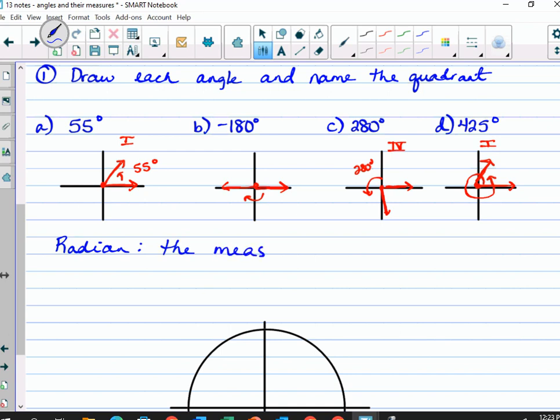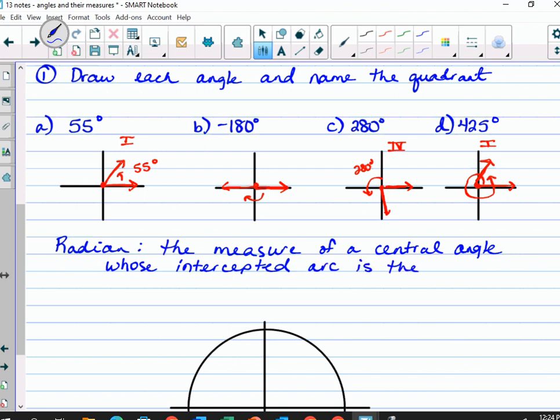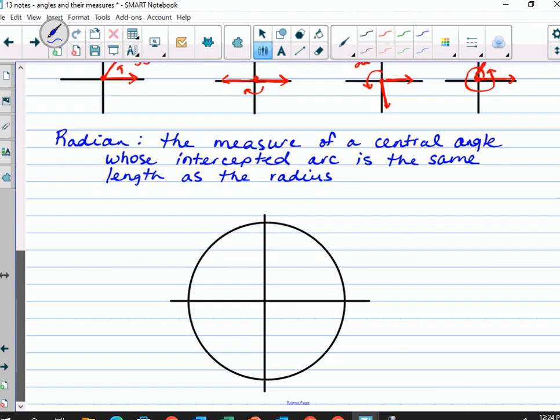It is the measure, radian, R-A-D-I-A-N, of a central angle whose intercepted arc is the same length as the radius. So again, jot it down and then I'll explain more, okay?